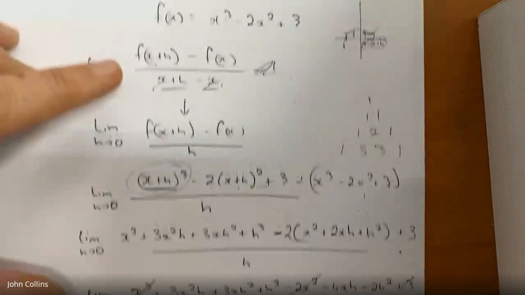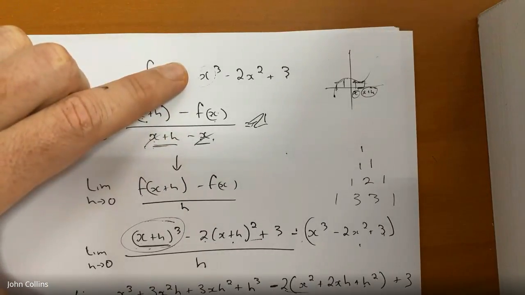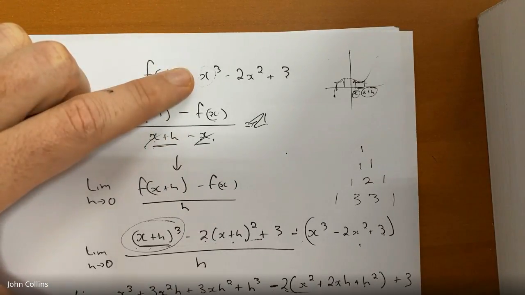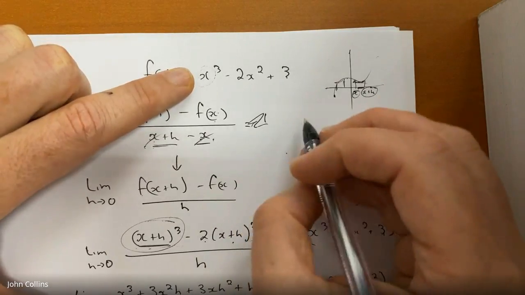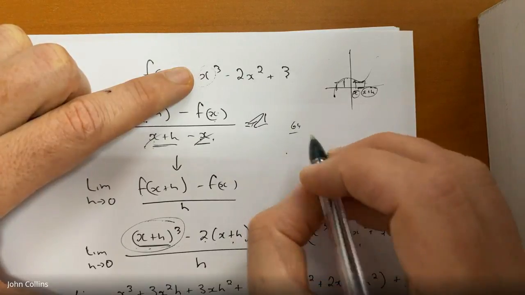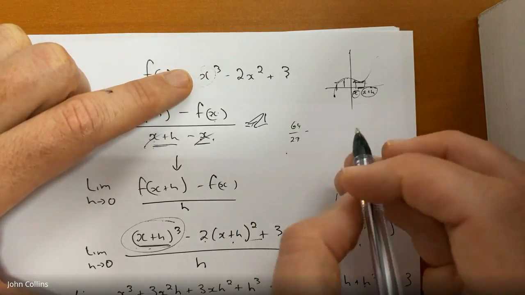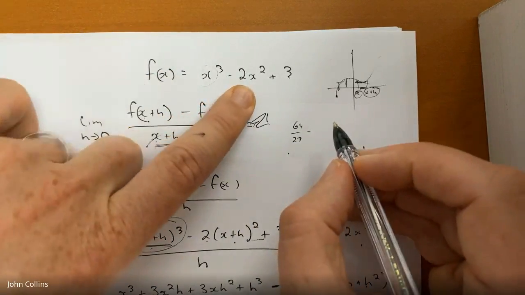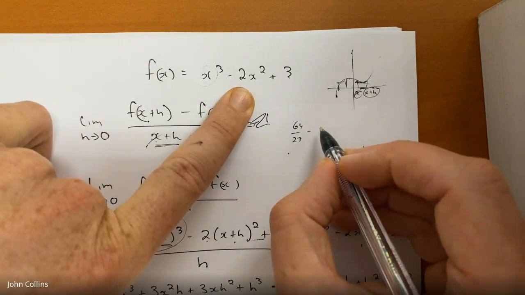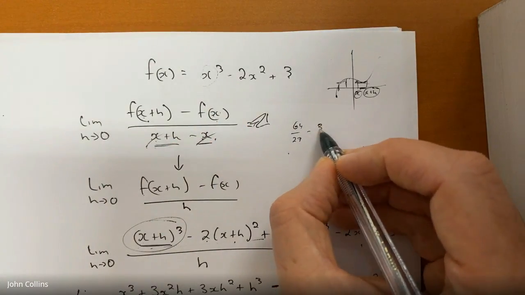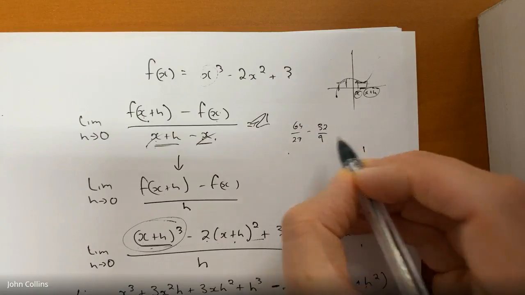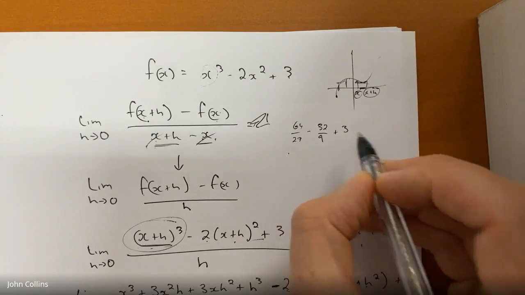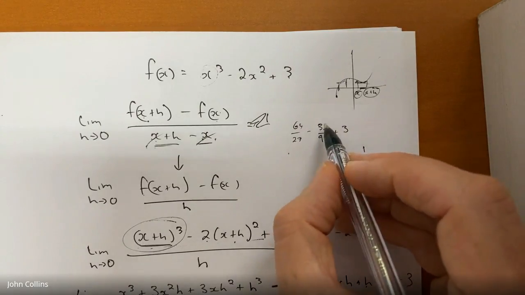Well, I could know for sure if I put it into my original function, couldn't I? Oh, 4/3 cubed. Let's put it in. 4/3 cubed is going to be 64/27 minus 2 times 4/3, which is 32/9, plus 3.